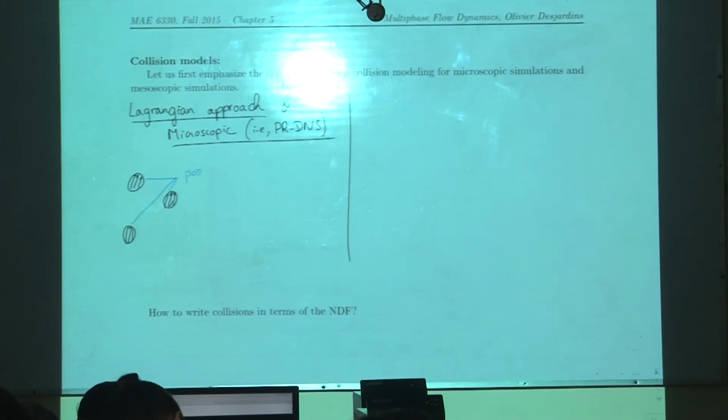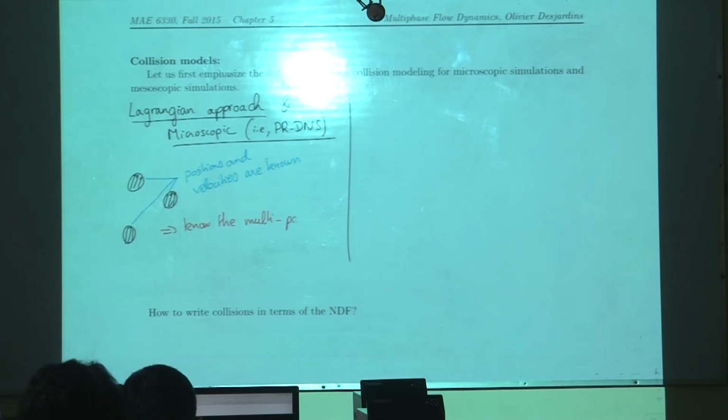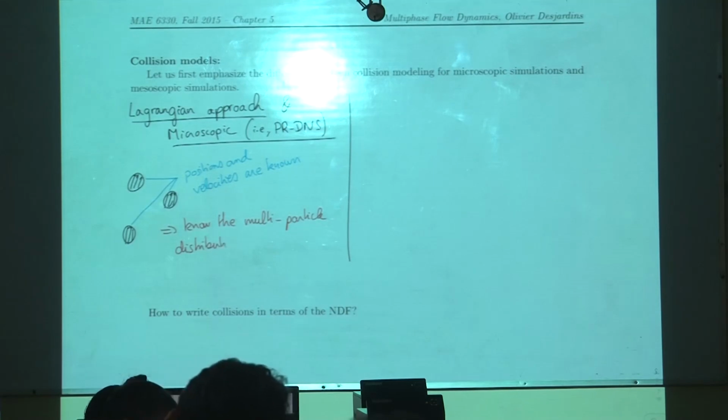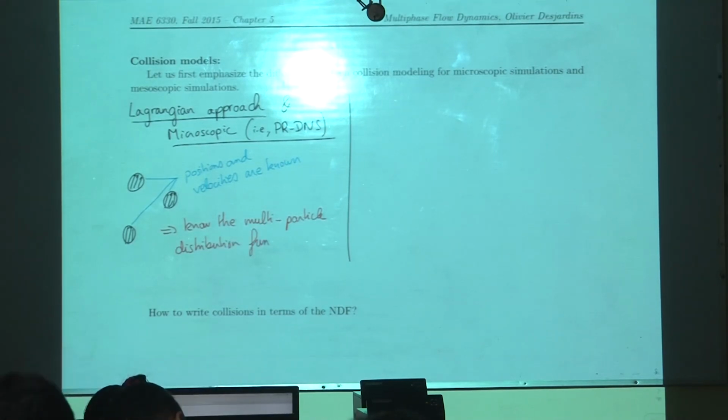Positions and velocities are known. Therefore, we can extract what we would call the multi-particle distribution function.